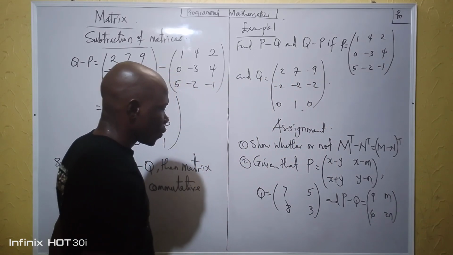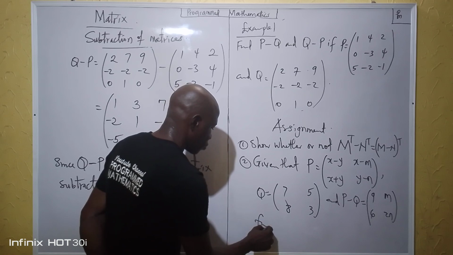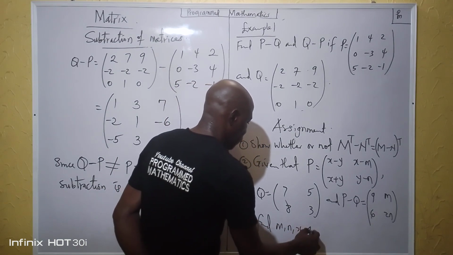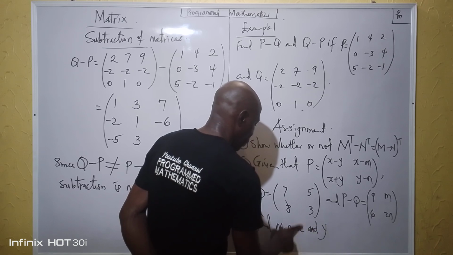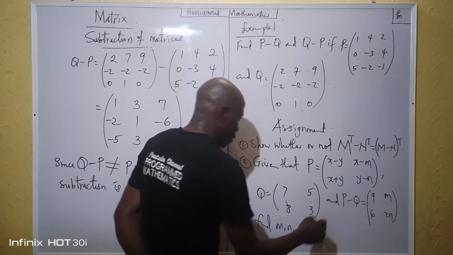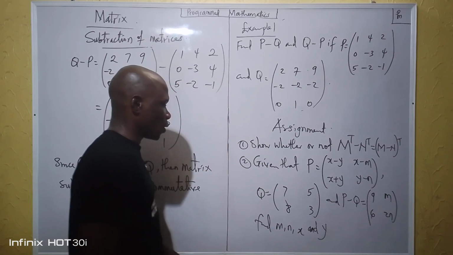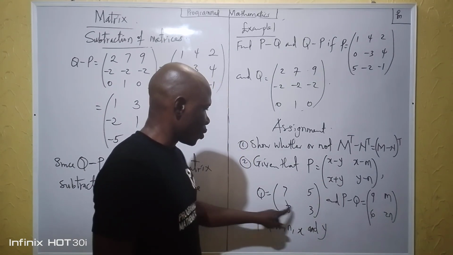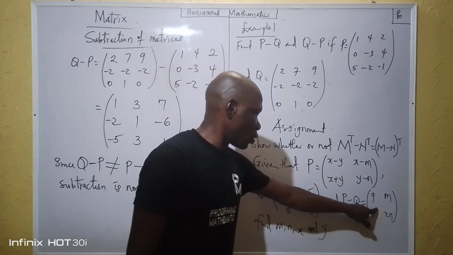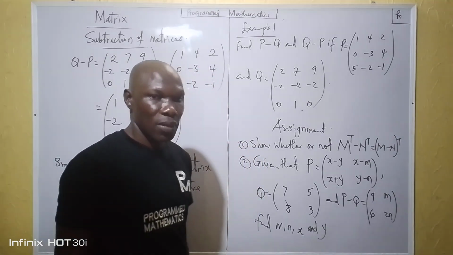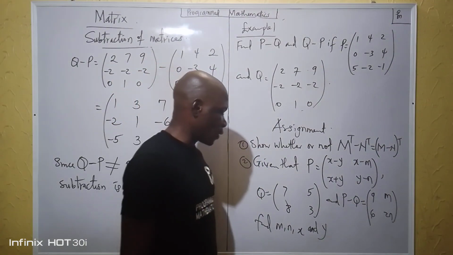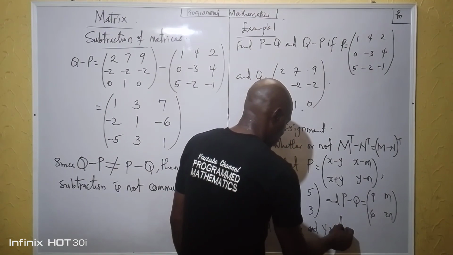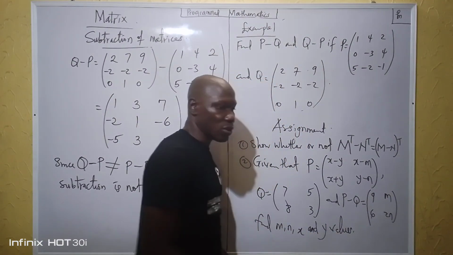So find M, N, X, and Y. That is the question. You are given matrix P, matrix Q, P minus Q. So find M, N, X, and Y values. Alright, so that's the question there.